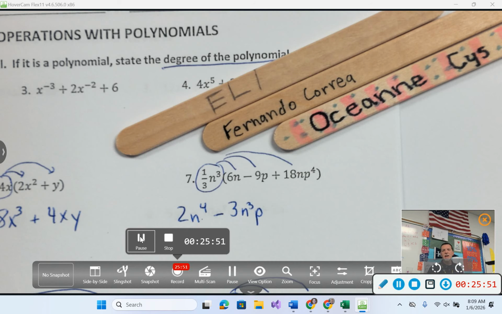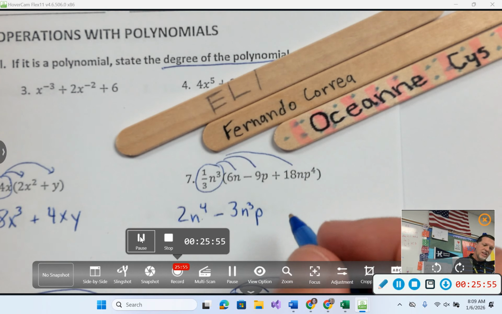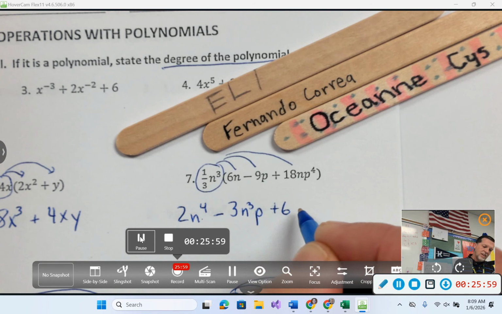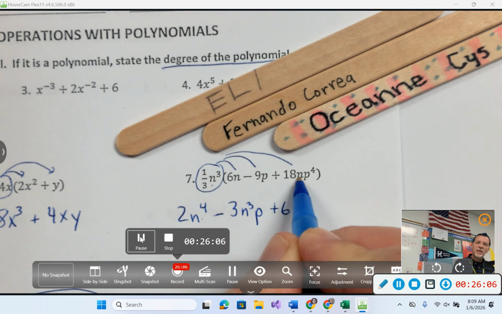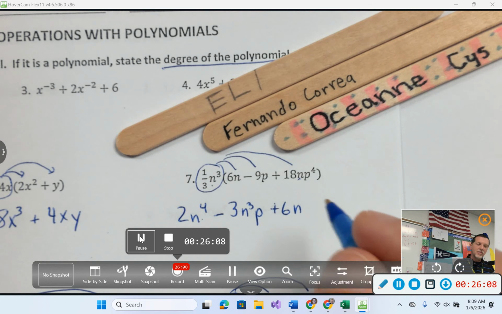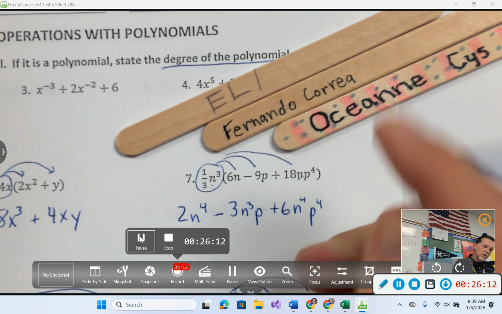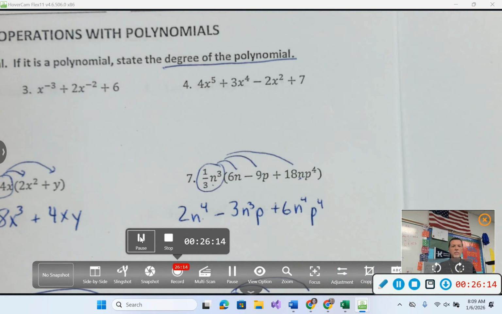And OCN, how about that last term? N cubed times n, how many n's is that? 4. And then you still got the p to the 4th. So there's number 7.